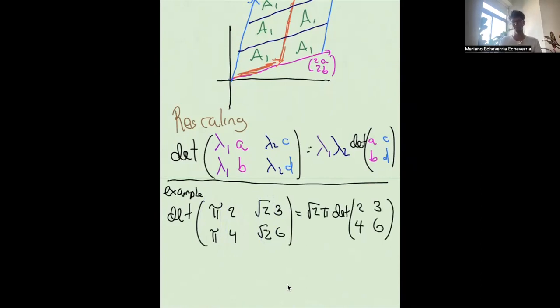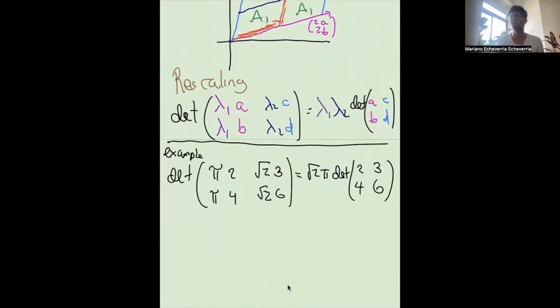Okay. So in other words, when you have a constant or a number that appears in both entries of a column of the determinant, then you can take it out of the determinant. Okay, so I can take out the pi, and I can take out the root of 2.